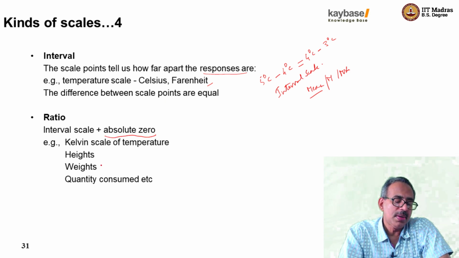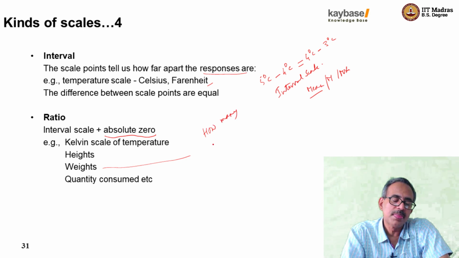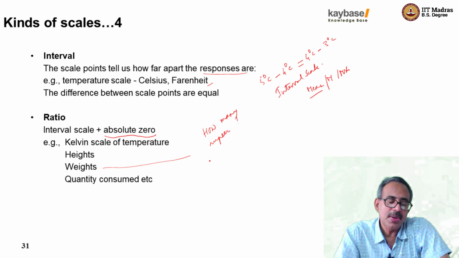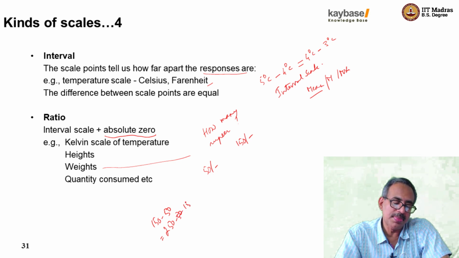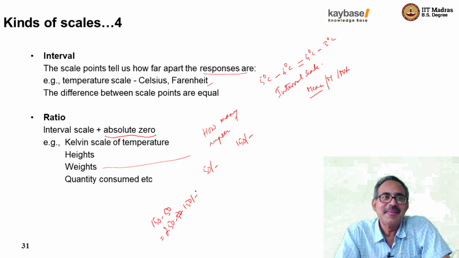So how many rupees do you have in your pocket, right? If that's a question. So I have 50 rupees in my pocket. You have 150 rupees in my pocket. So, for example, 150 minus 50 is equal to 250 minus 150.